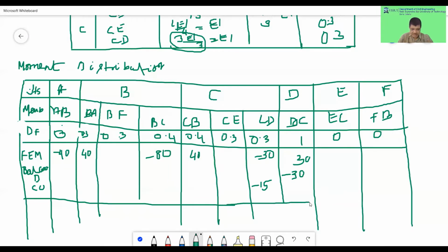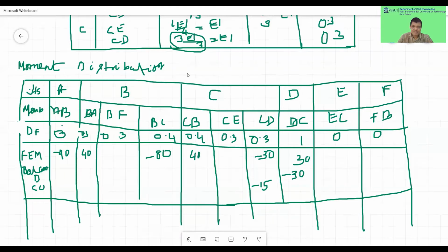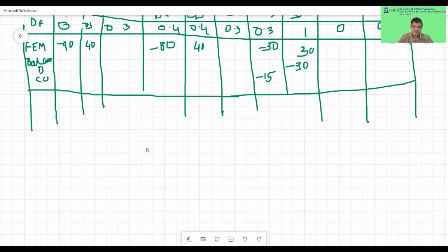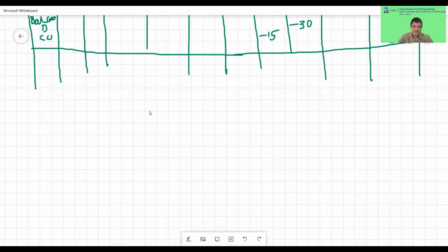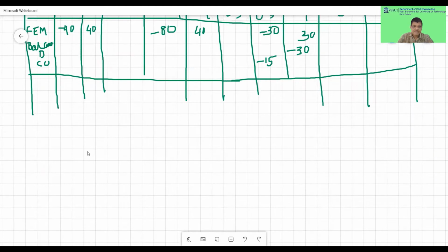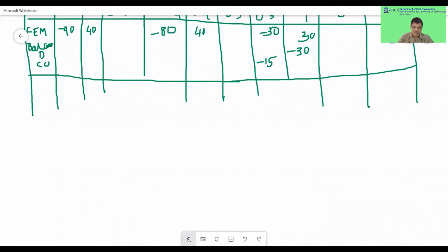Once you make the balance here, what is the moment now? Now you calculate the moments at the joints. Accordingly, you can find the values. I will go on extending this problem.